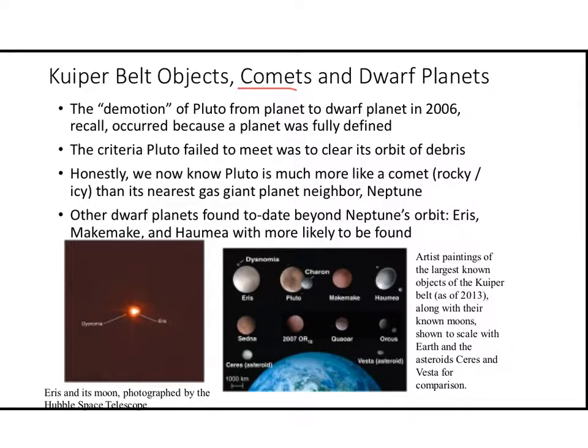The criterion that Pluto failed was that it failed to clear its orbit of debris. So as Pluto orbits the sun, this is P for Pluto, it's got crumblies there, comet-like material that it did not make part of itself as it was forming. So I hope that works for you.